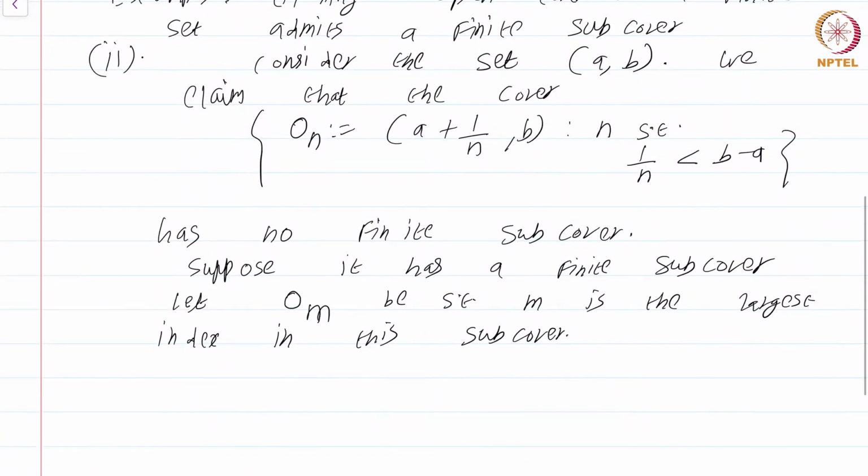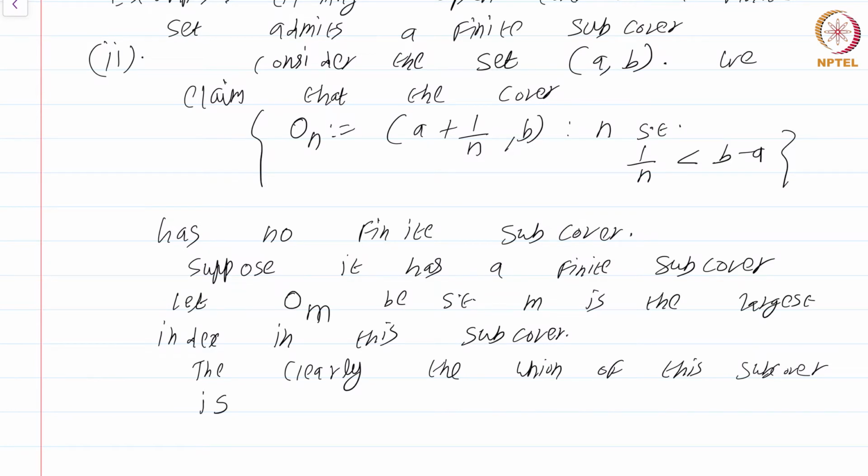Then clearly the union of this subcover is O_m, because as n becomes large, (a + 1/n, b) is contained in (a + 1/m, b) if n is greater than m.